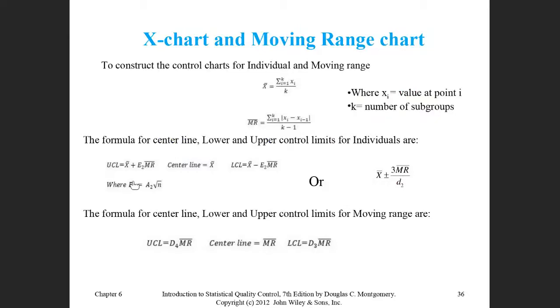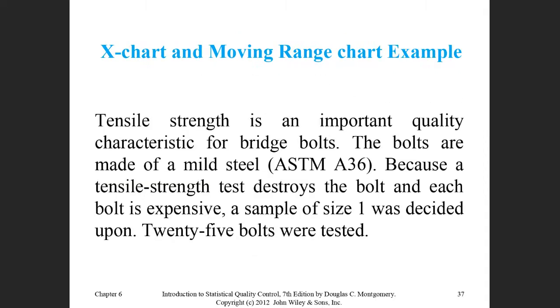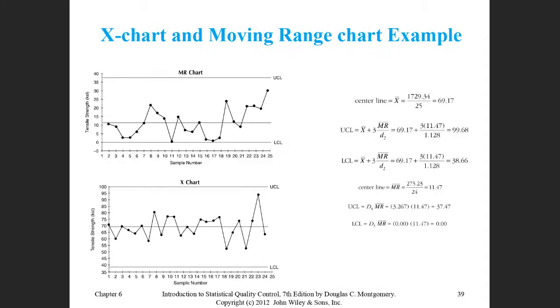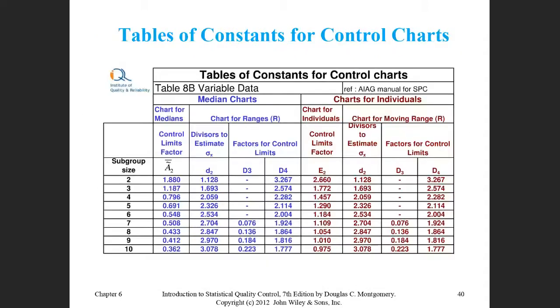Basically E2 is the division of 3 divided by D2, which can also be found from the table. This division, 3 divided by D2, is equal to E2. So those will give you the same values. You can use either one. All constants are given in the tables, and you can use them during the exam.